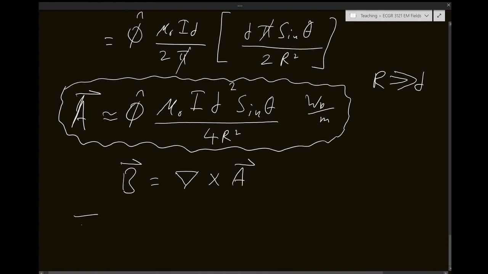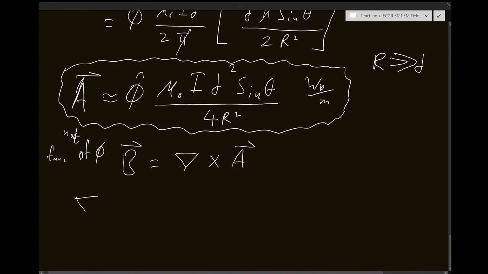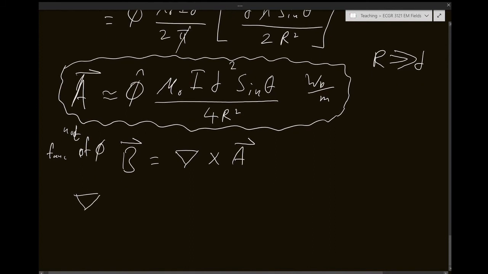So if we recall, since A is not a function of phi, that simplifies the curl a little bit. So I don't have to write the whole curl. Anything where I have dA phi by something else goes to 0, right? So the curl of A, if I cancel out everything that goes to 0, is going to be 1 over r sine theta.